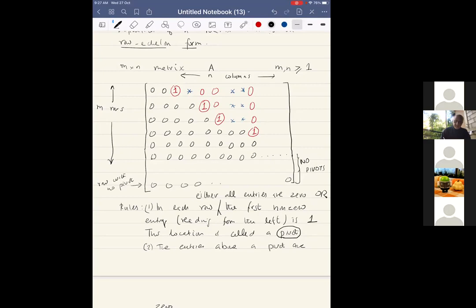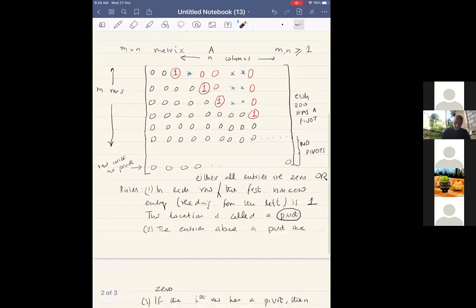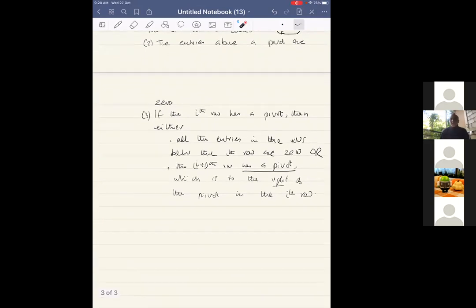And then the rows above, each row has a pivot. And if there is a pivot here, then in the next row, the pivot must be to the right. So these are the conditions which, if all are met, the matrix is said to be in row echelon form.